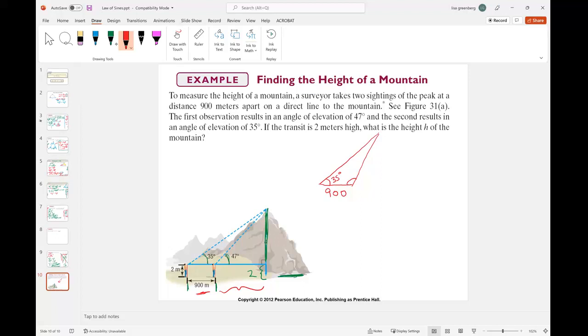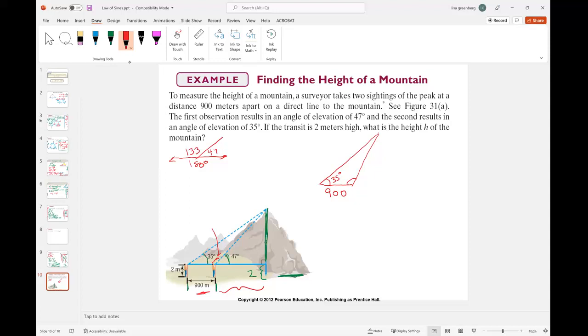Can you tell me what that angle is? It would be 180 minus 47. Exactly. If I know that a straight line is 180 degrees and I draw a line like this, and this is 47, then the other side has to be 133.